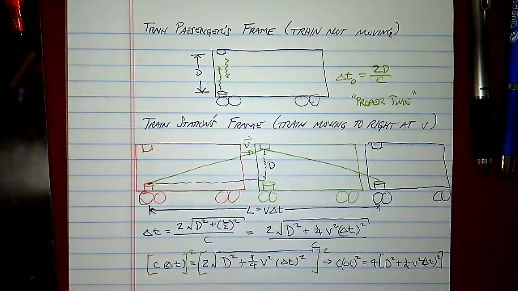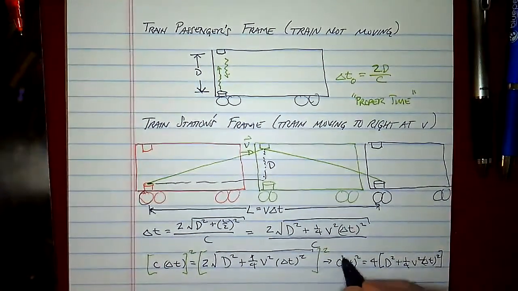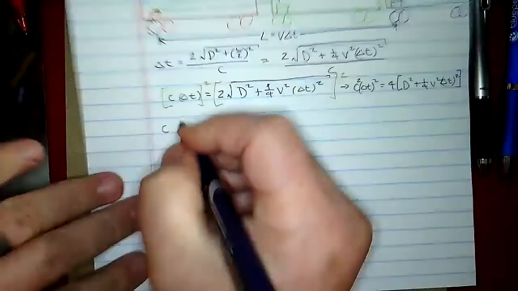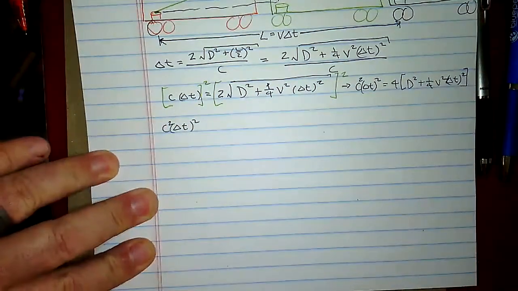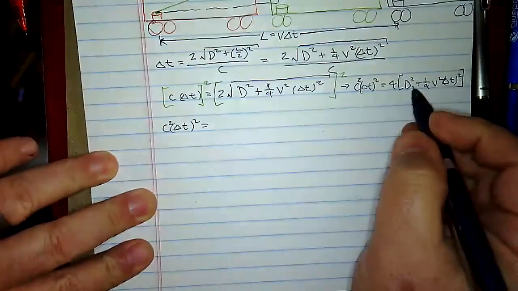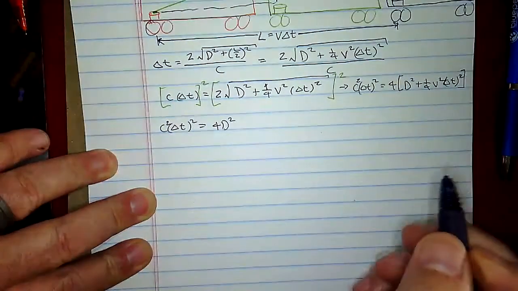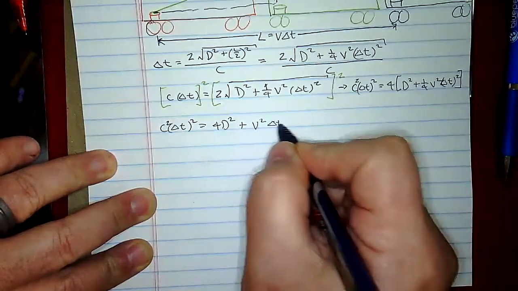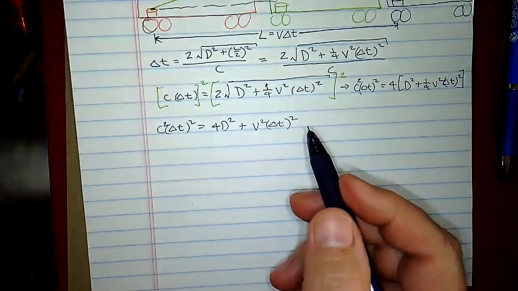So I can continue on, and c squared, which, by the way, was supposed to be squared there too, c squared times delta t squared is going to be equal to, I'm going to distribute this 4 through here, and I get 4d squared plus v squared delta t squared. So that's what happens when I distribute that 4.